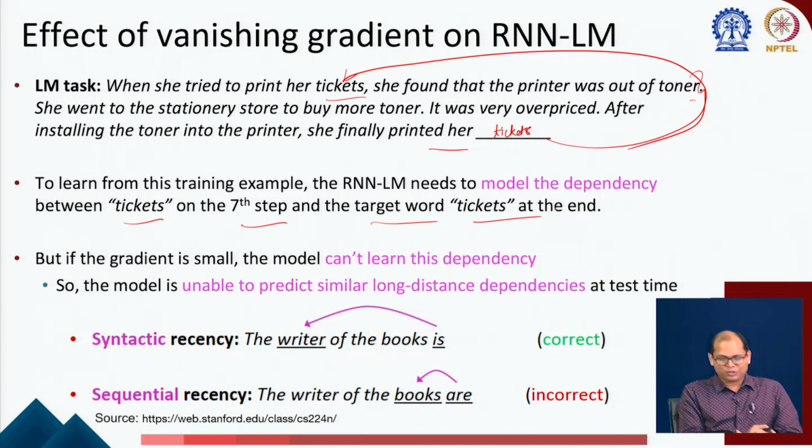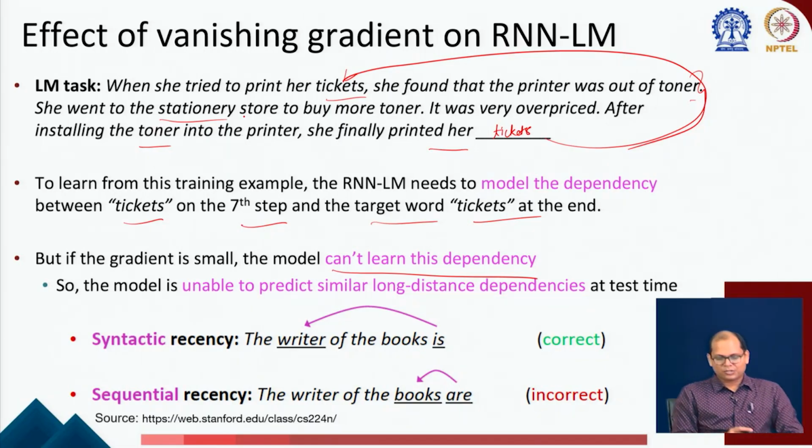But if the gradients are small for the long term impact, your model cannot learn this particular dependency. It will only learn the recent, close enough words. So it may actually end up predicting printed her toner or printed her stationery, rather than printed her tickets.